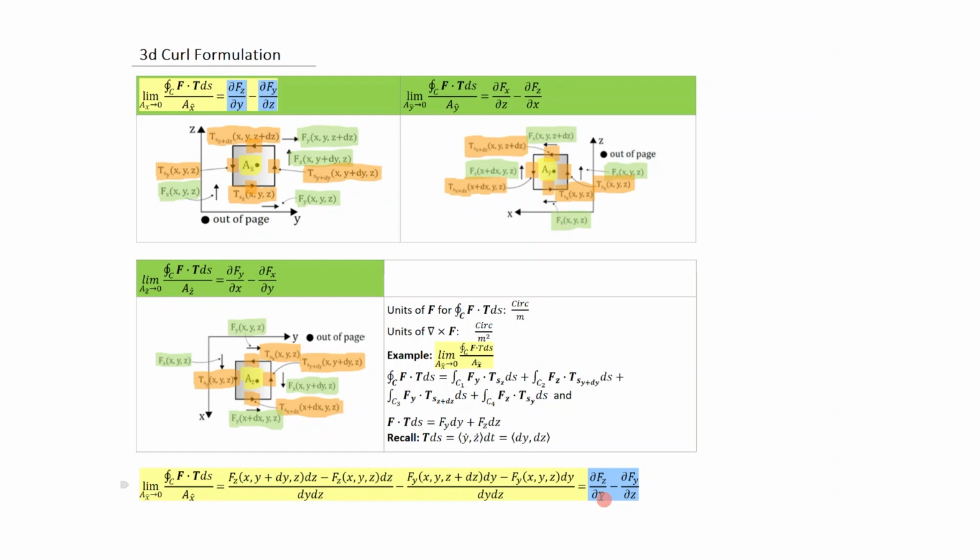Again, the key point to remember is that in 3D, rotation is defined on a primitive plane, which is by definition two-dimensional. But in 3D, we know that there are three principal planes that define a 3D system. And so we need to determine the rotation with respect to each one of these principal planes. And so these are the expressions that you obtain.